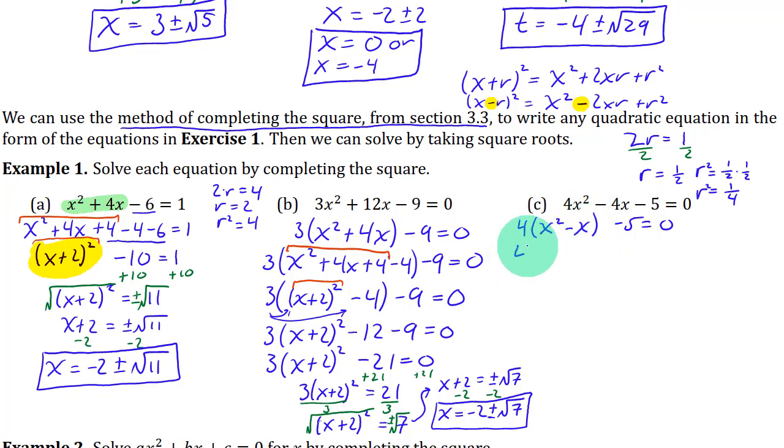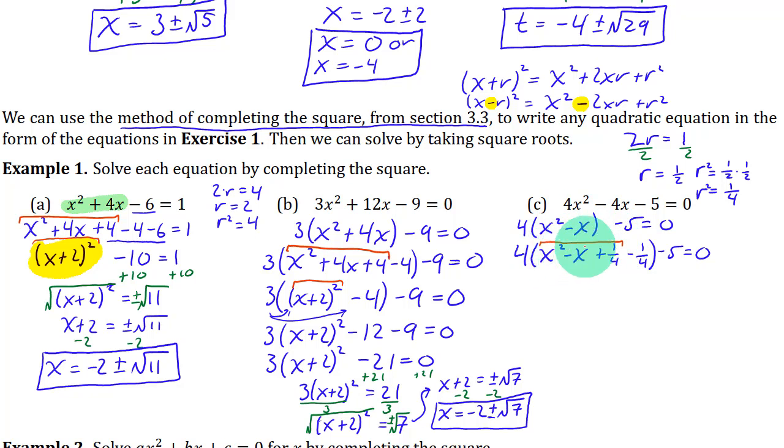So this is going to look like 4 times x squared minus x plus 1/4 and then minus 1/4. So that's not actually changing anything. And then there's still the minus 5 equals 0 on the outside. And now this stuff that I'm going to put under this red bracket, that stuff is now x squared.